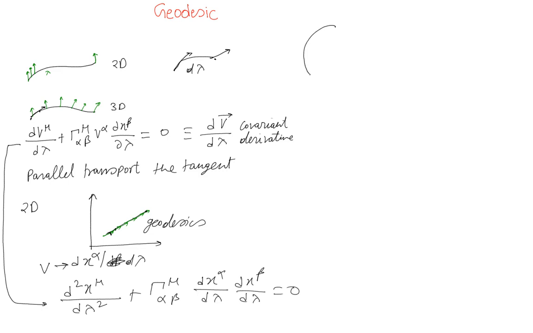Well, you may recall that for a sphere, the geodesic is nothing but the latitude or the longitude. So you have some point 1, point 2. When you connect them, the geodesic is nothing but the latitude or the longitude, whatever you call it.